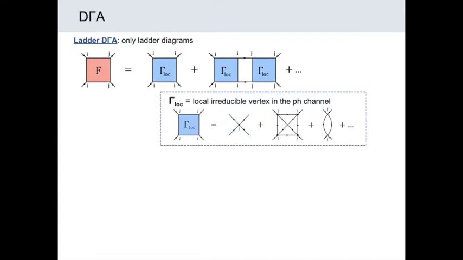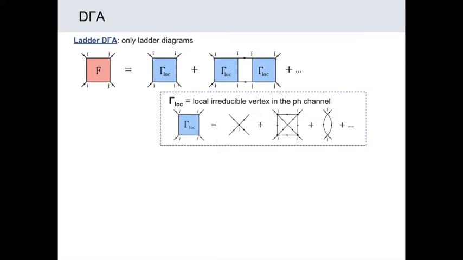Okay. So the last diagram here in this box is a reducible diagram in another channel. But these are basically details. You don't need to remember them to get an overall idea of this method. The important thing is that you have this building block, which is this local vertex function, which is irreducible in a certain channel or fully irreducible, and you use it to construct non-local diagrams.